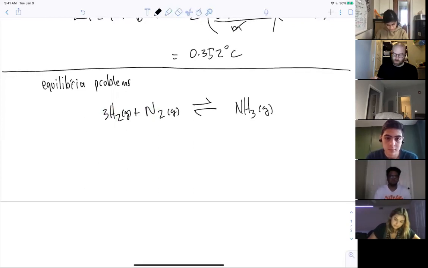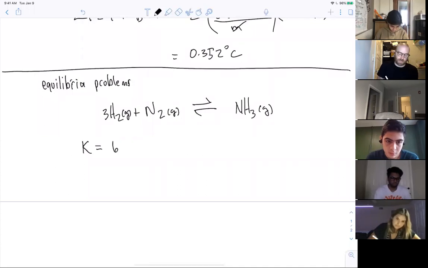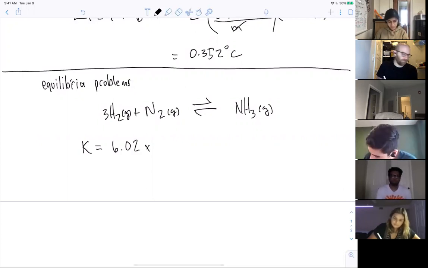And so how much is going to be there, or what the exact proportions of these things are going to be, is going to be determined by a value called K. So for this reaction, K is equal to 6 times 10 to the minus second.